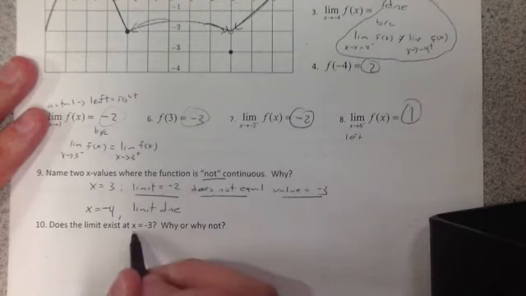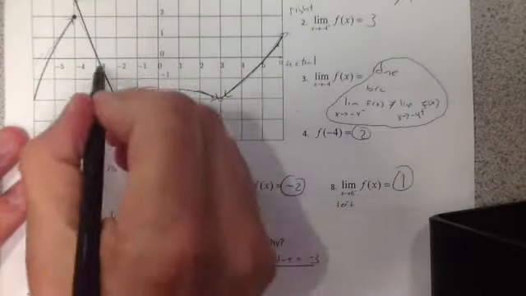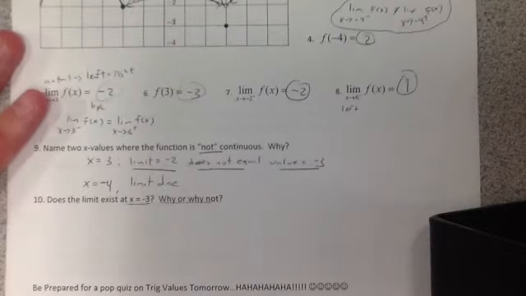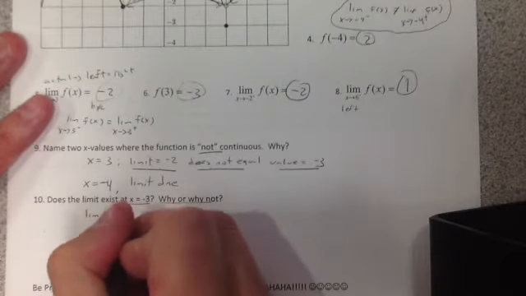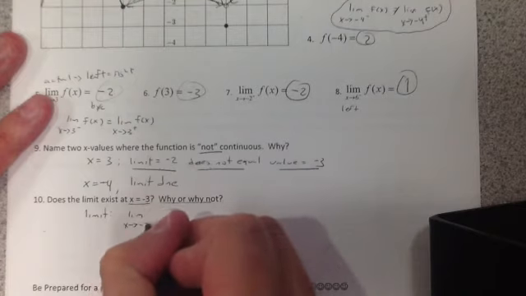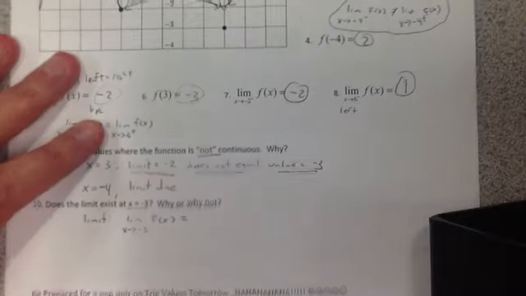So let's try number 10 here. Does the limit exist at -3? Why or why not? So let's take a look. At -3, they don't give me a point, but there is one right here. The first thing I'm going to do is look at the limit. What's the limit as x approaches -3? That's easy.